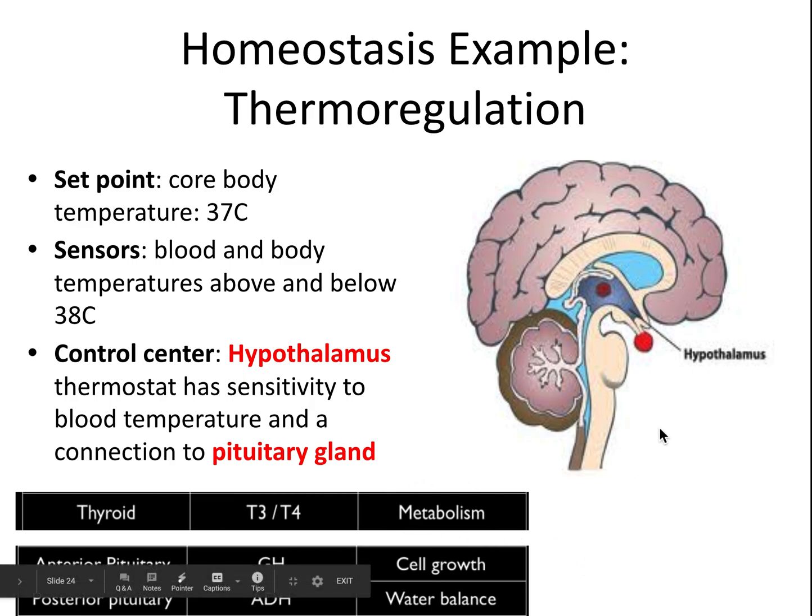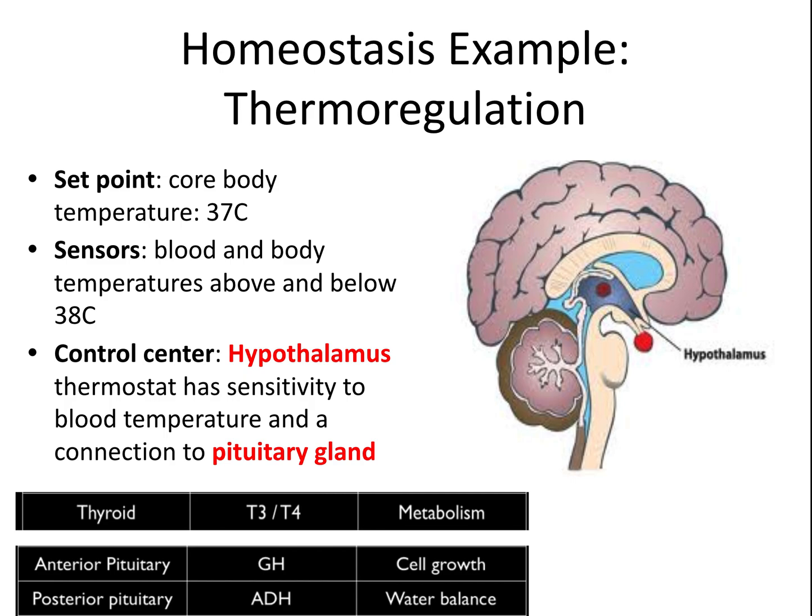Just to throw in, you can see down here, there's the anterior pituitary and the posterior pituitary, which are in charge of releasing GH, which is growth hormone that makes you grow taller when you need to, or cell growth when you need more cells developed.